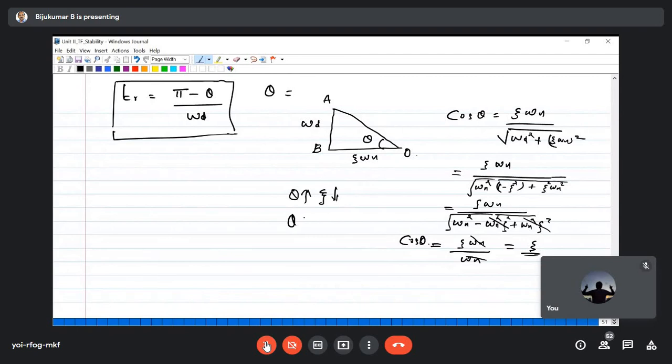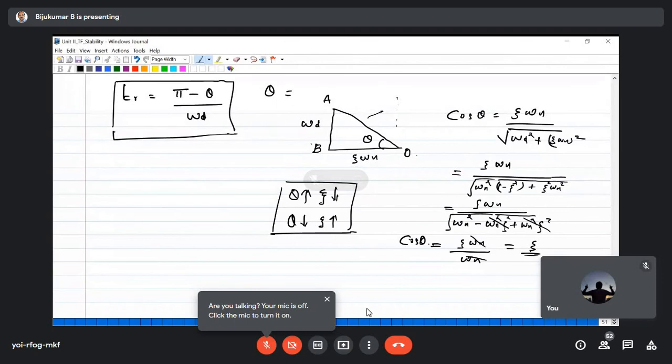If this angle is decreasing, zeta will increase. Right, that is the observation. And if zeta is 0, our poles are at exactly the imaginary axis, right? That you can observe. So if I increase this theta, the zeta value also will change like this, right? Okay.